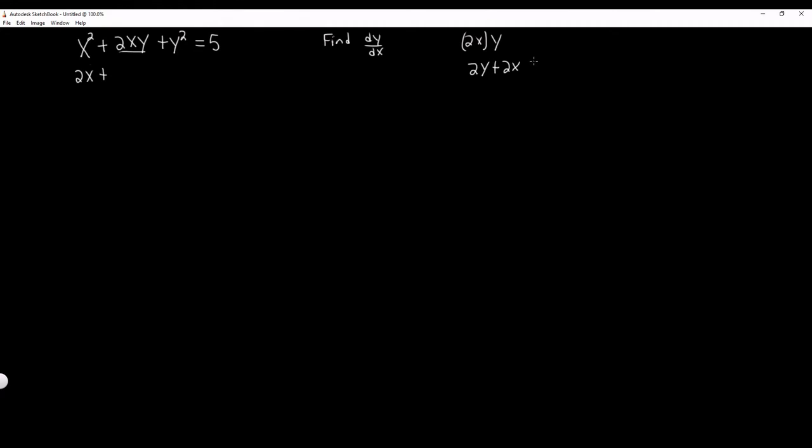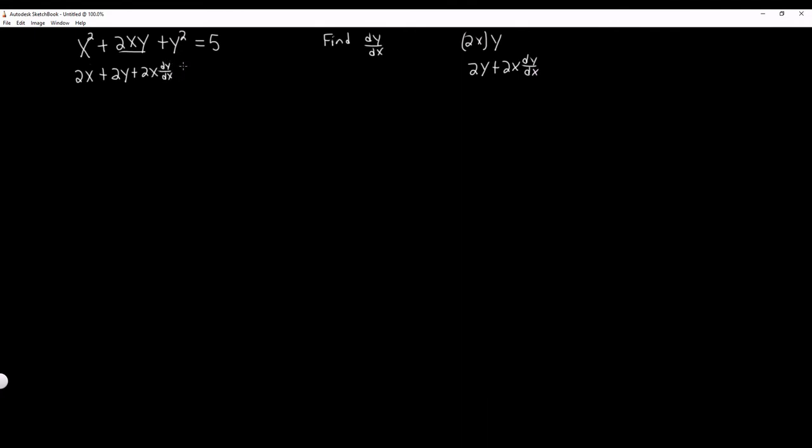It'll be 1 dy/dx, and since it's just 1, I'm not going to write it. So dy/dx. The reason we didn't multiply this y by dy/dx is because we did not take the derivative of this y. So this is going to be plus 2y plus 2x times dy/dx.